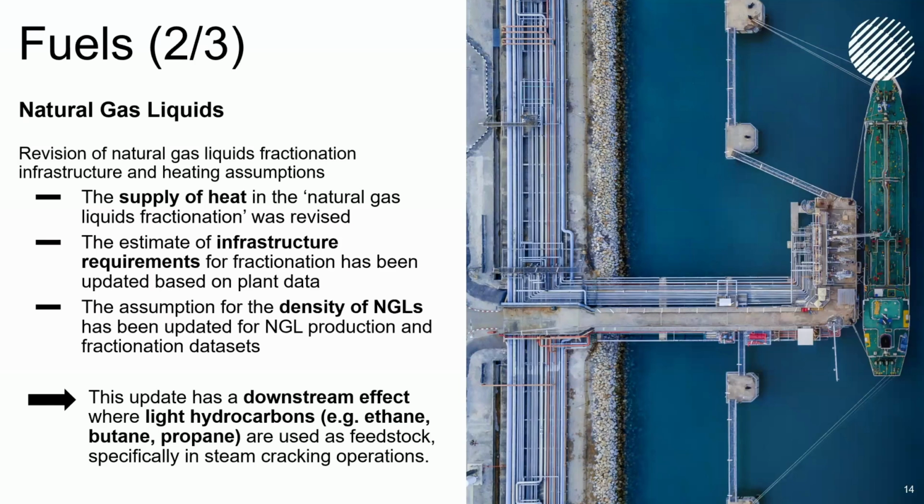And we have also revised the infrastructure based on data extracted from 3 natural gas liquids plants. So with this update, we have made improvements to the supply chain of light hydrocarbons, such as ethane, butane, and propane, which come out of this process, and which are used primarily in steam cracking operations.